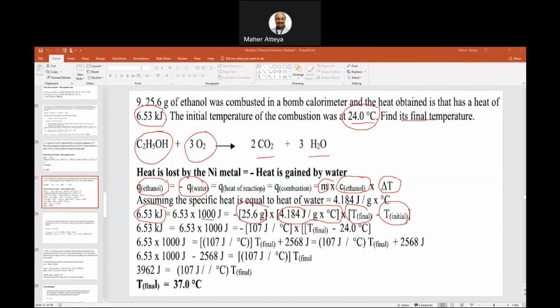This is the mass of ethanol, the specific heat of ethanol, and T final minus T initial. T initial is given to you, 24 degrees Celsius, and then you solve it and you get T final is 37. So H2O is warmed up.